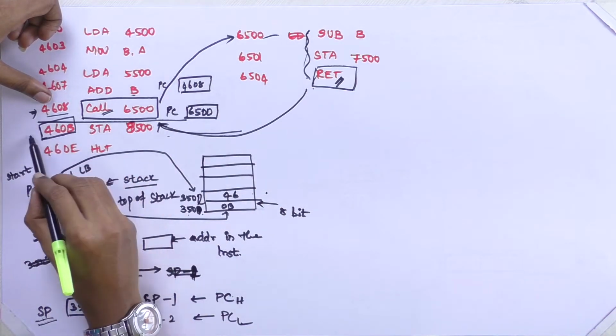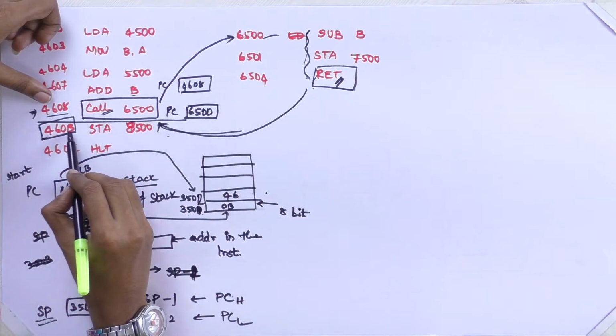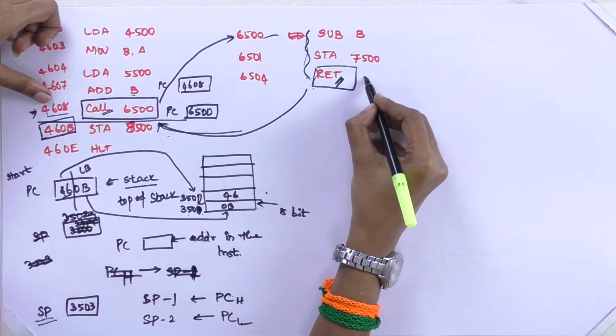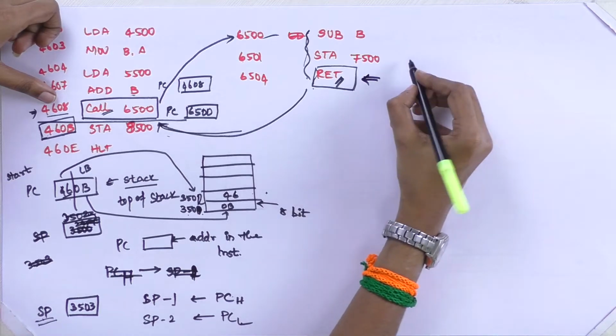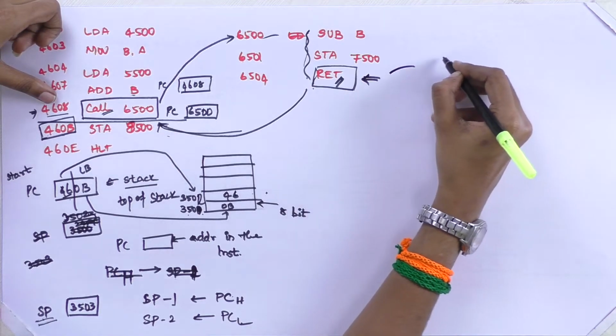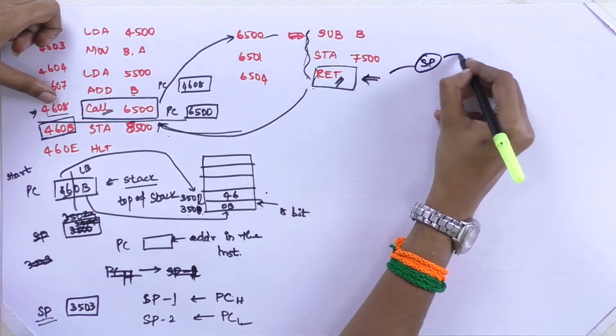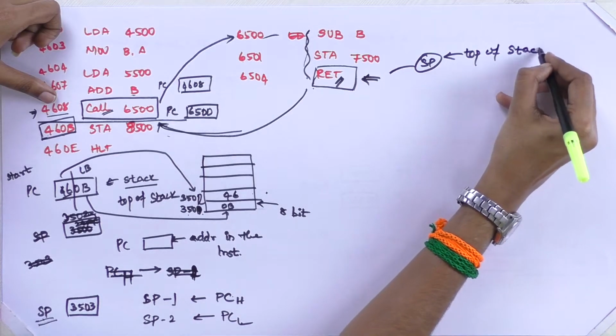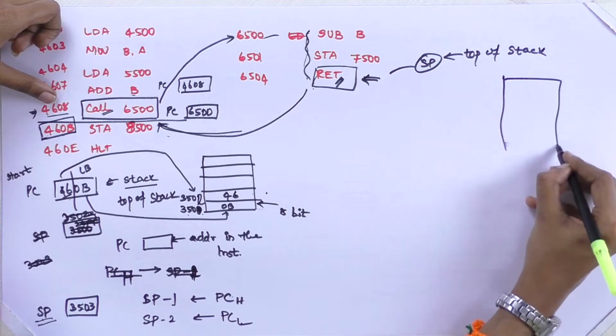Here it has stopped the execution at 4006B. Fine. So it will return here. How it returns is, once the processor is executing this instruction, it will look at the stack pointer to know the top of the stack where we have stored the PC value.